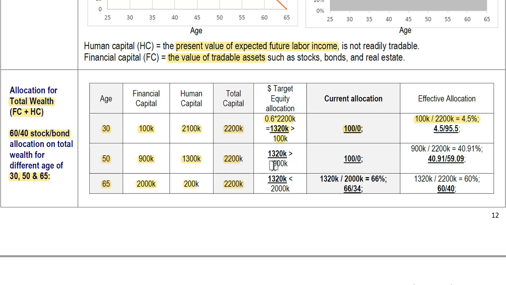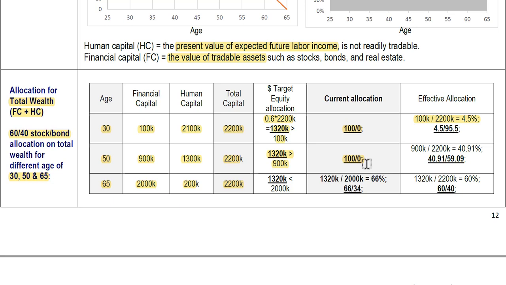Now go to 50. In this 60-40 case, your financial capital is still not enough to put into the 60% of equity. You need 1.32 million, but you only have $900,000 of financial capital. Although this is a lot, and you're already 50 years old, I suggest you don't worry, put your money into stocks.